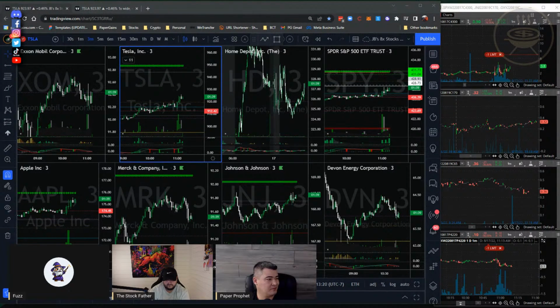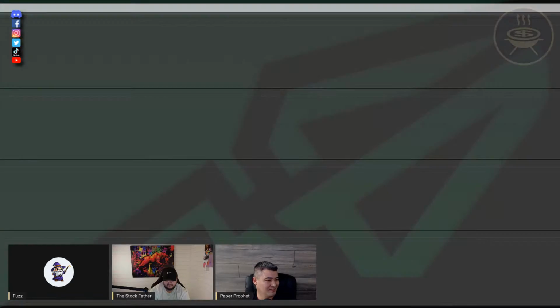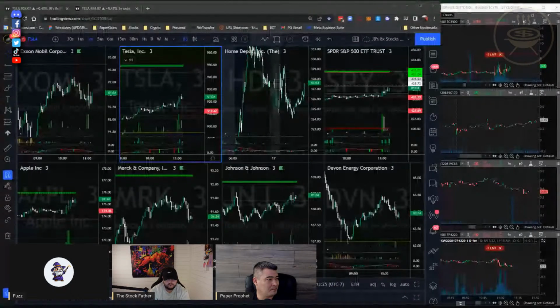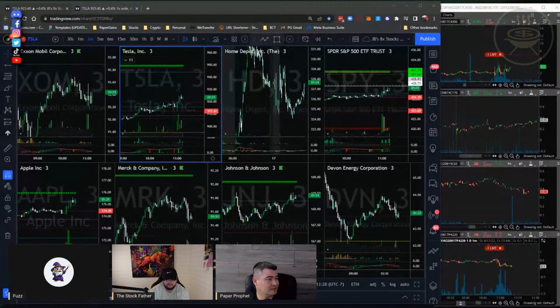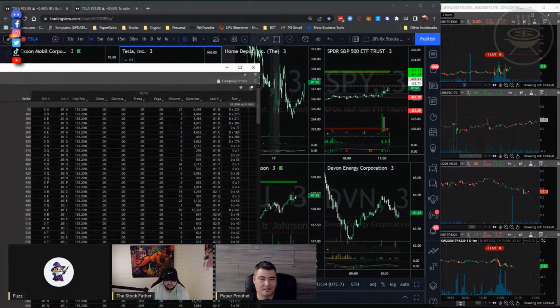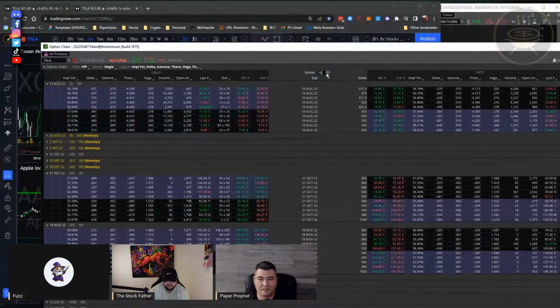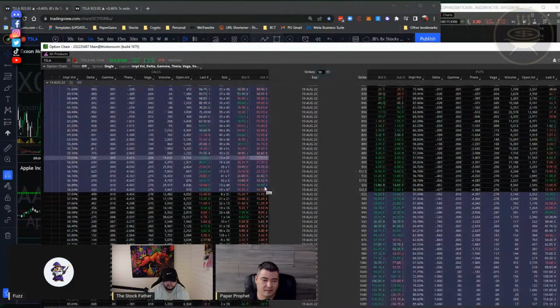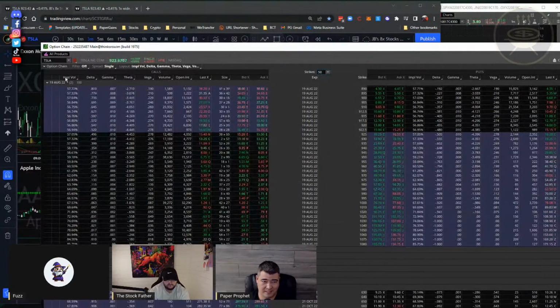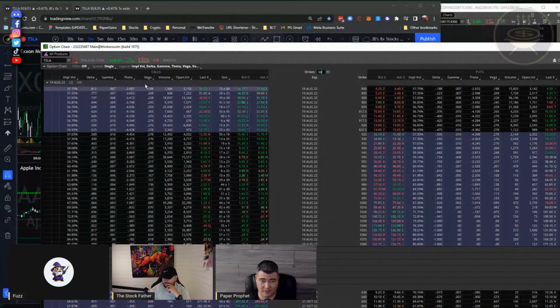Have to do that first, that's going to supersede my price target preference. So here's the chain, Tesla. If I was looking at, let's call it 50 strikes, give or take. Here's volume. This is how it should be set up, right? IV, delta, gamma, theta, if you want those, that's fine.